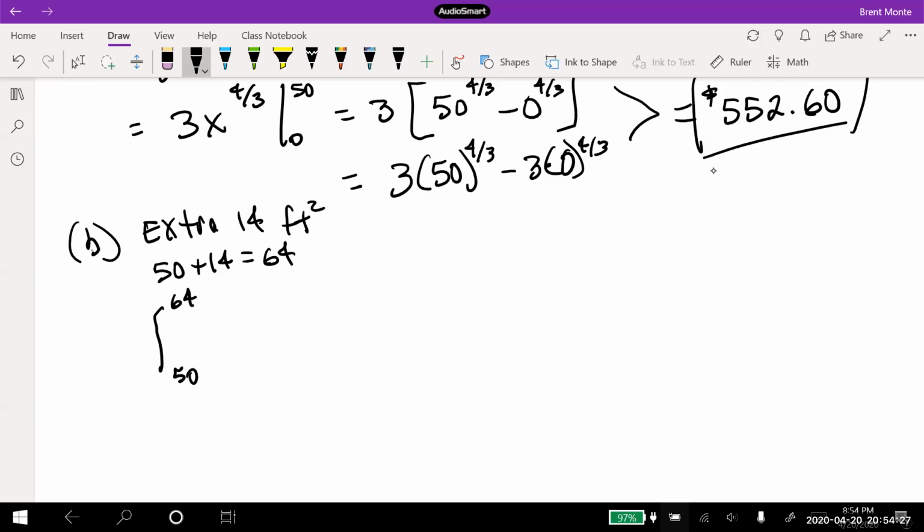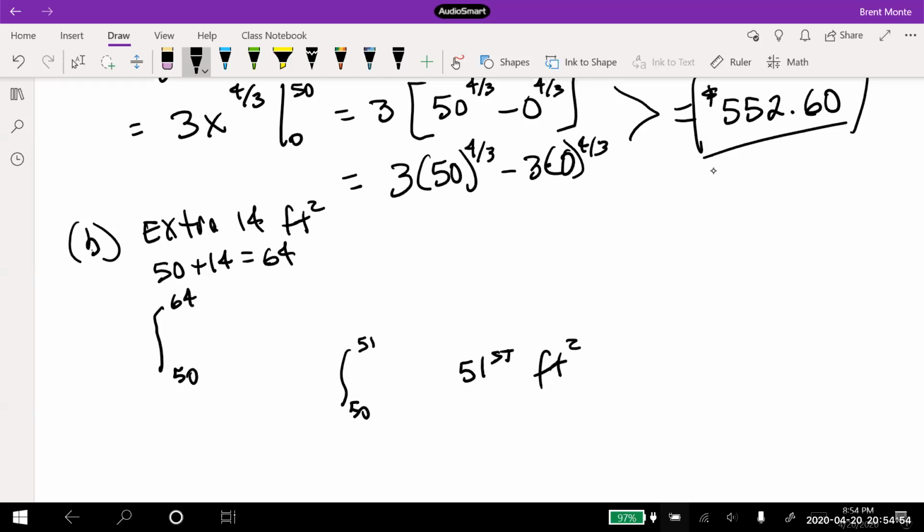Now, don't worry about that 50, thinking, but we already put in the 50th foot. If I go from 50 to 51, that would only be the 51st square foot. So by starting at 50 and going up to 64, I'm saying that's square foot 51 through 64, which is exactly what we're looking for.